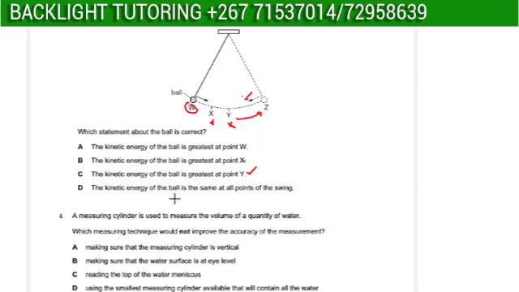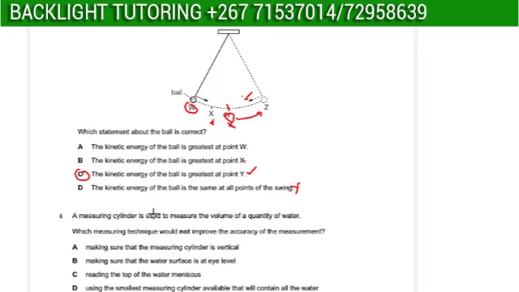The kinetic energy of the ball is the same at all points. This statement is wrong. So the best answer here is C: the kinetic energy of the ball is greatest at point Y. It encounters less air resistance at Y. Here the potential energy is high, so the kinetic energy here is high.